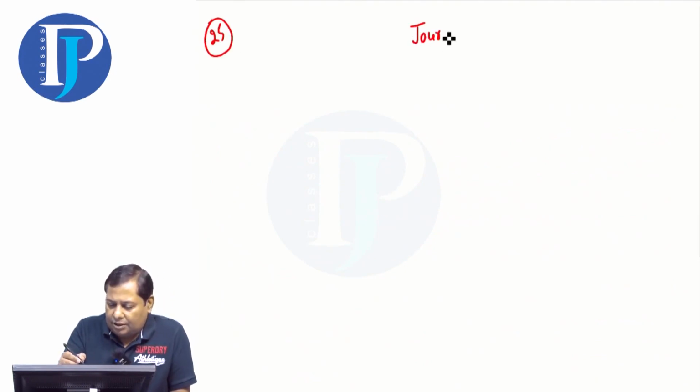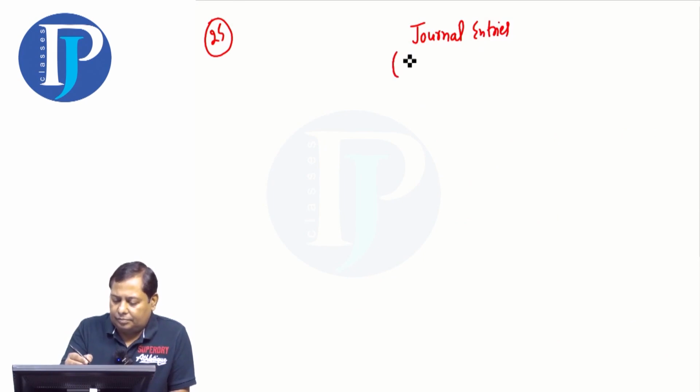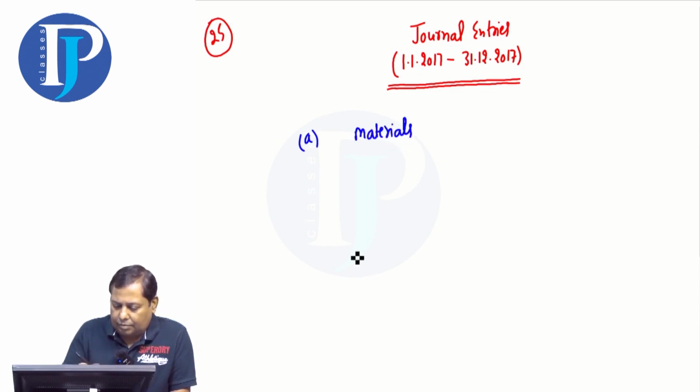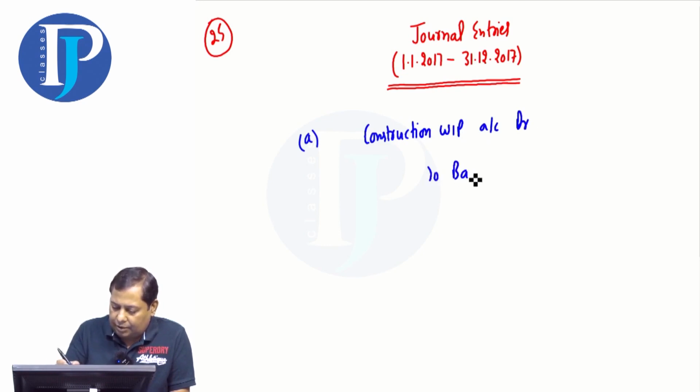The 25th question is, if I were to give you journal entries for this, then I will pass the first entry as construction WIP account debit to bank.